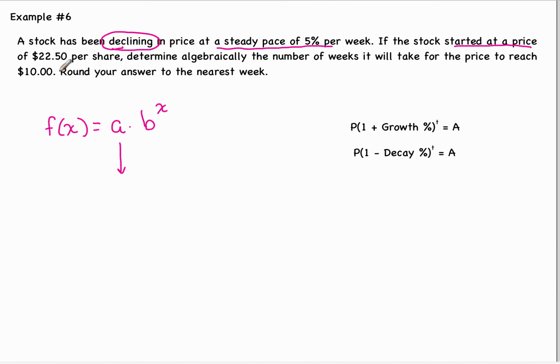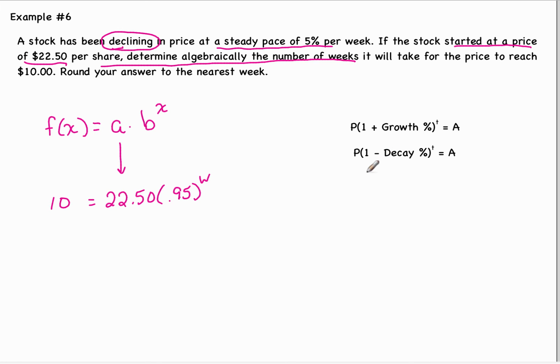Stock started at a price of $22.50. So we're starting at $22.50. And the number of weeks, so that we know that this is weeks, I'm going to put a W there so I remind myself it's weeks. And we want it to reach $10.